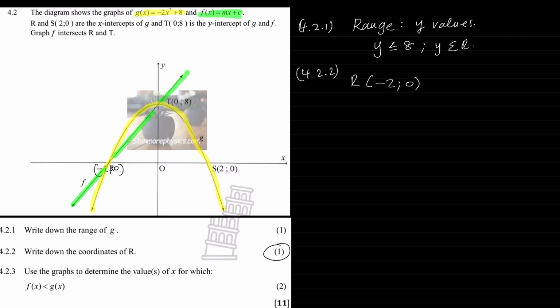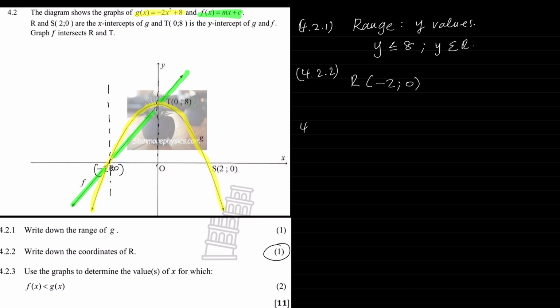So in other words, they want to know, where is the green graph underneath the yellow graph? Where is the green graph less than the yellow graph? If we look at our graphs, we can see that it is underneath in this region right here. The green is below the yellow in that region.